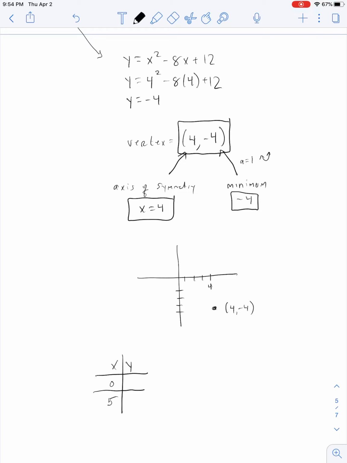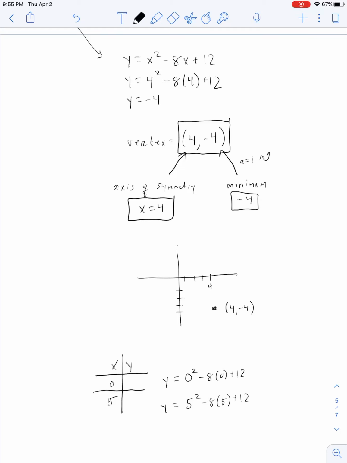And all we do is plug that back into our equation. y equals 0 squared minus 8 times 0 plus 12. Then again, y equals 5 squared minus 8 times 5 plus 12. All right, and let's see what we get. Once again, some nice easy calculations. You should be able to put that in your calculator.